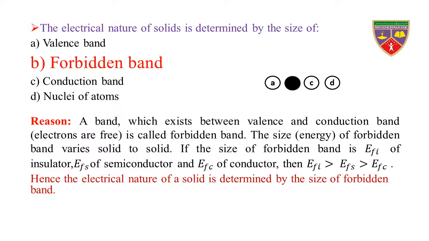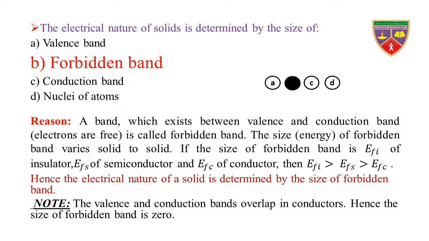Hence, the electrical nature of a solid is determined by the size of forbidden band. Note: the valence and conduction bands overlap in conductors. Hence, the size of forbidden band is 0 in conductors.